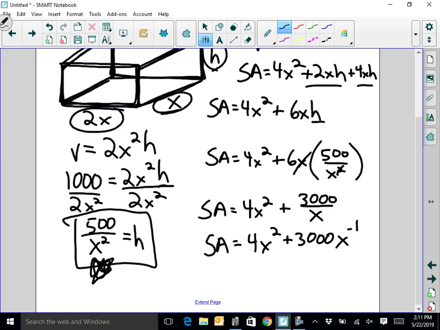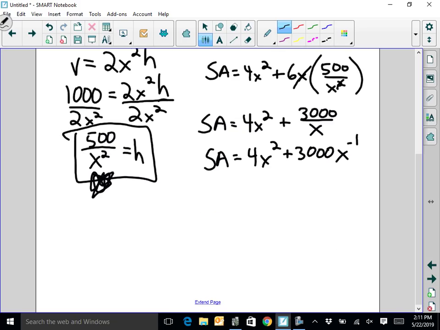Now to figure out the critical point, where we have a min, I need to do the derivative and set it equal to 0. Well, my derivative here would be 8x minus 3,000 x to the negative 2.